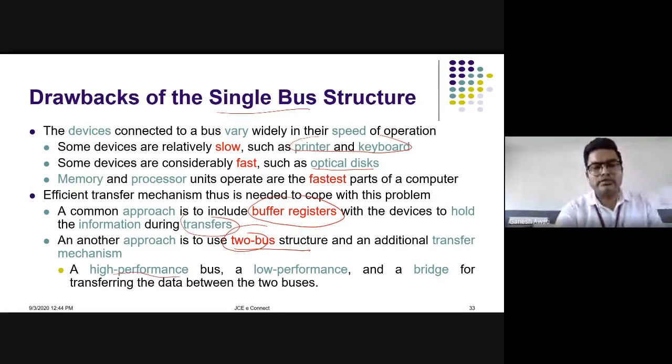One is a high performance bus, one is a low performance bus, and a bridge for transferring the data between the two buses. So if you are receiving from a high performance device, but your computer can receive only at low performance, then the bridge will convert the high performance to low, and then it will be accessed. That is the two bus structure.